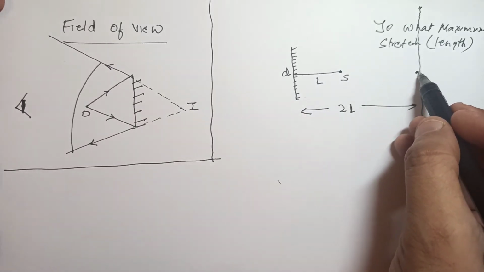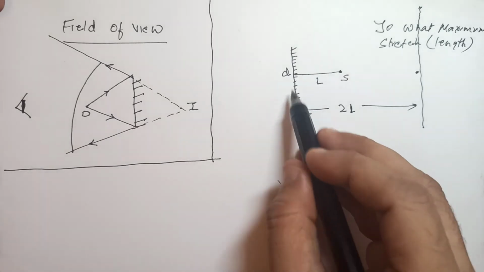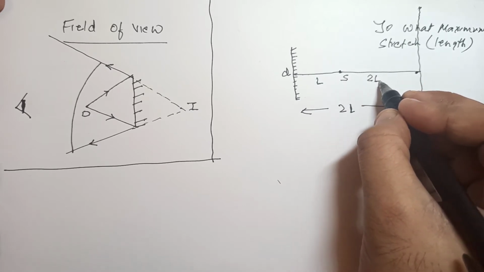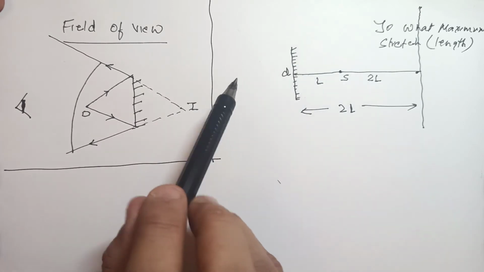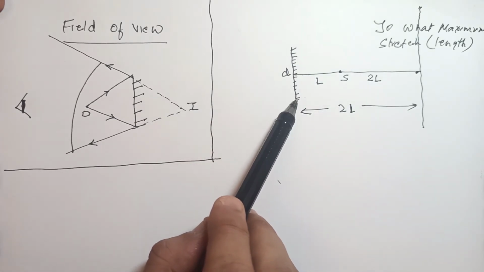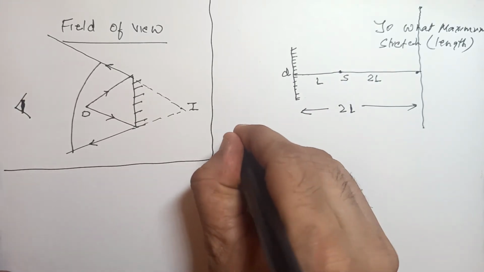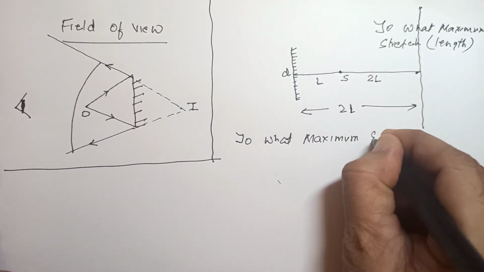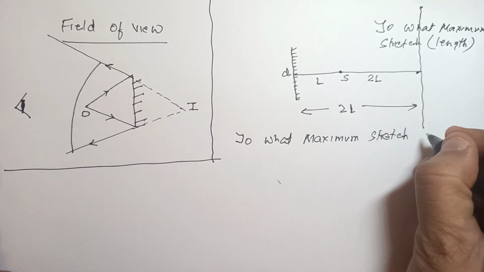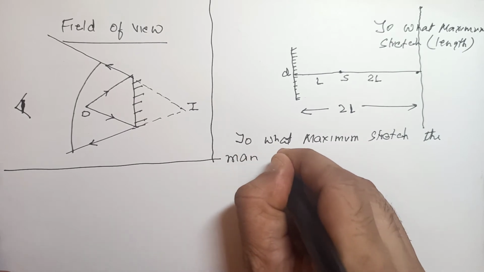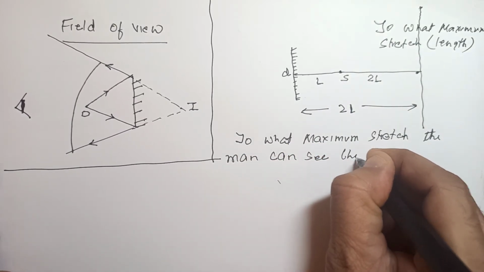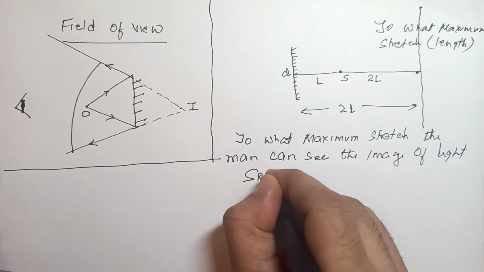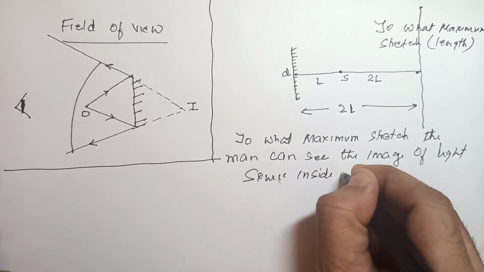This gentleman is moving parallel to this mirror, and this distance is again 2L because this is L. Let me first write the question: to what maximum stretch can the man see the image of light source inside the mirror.